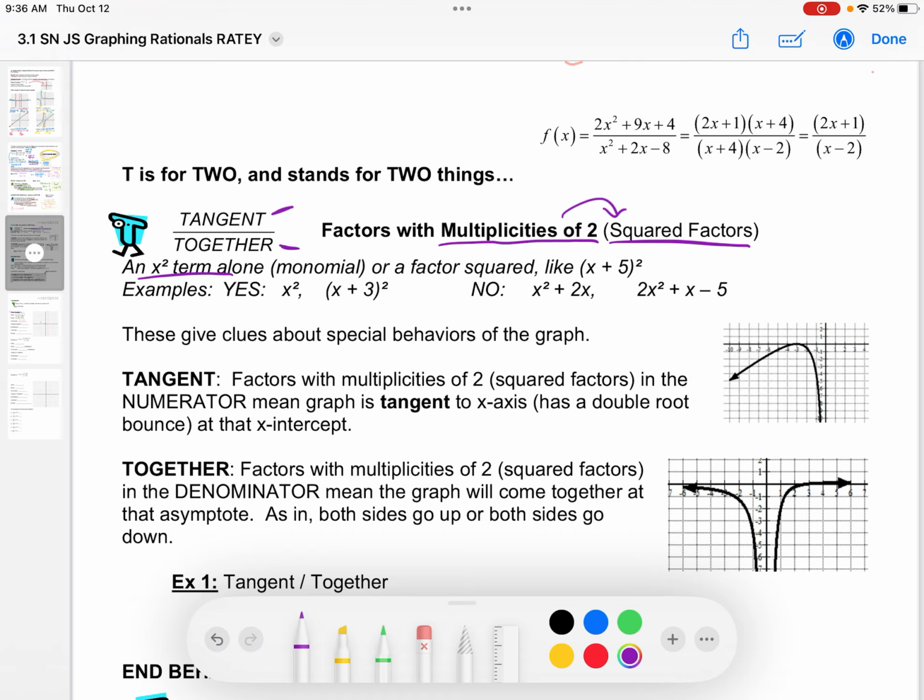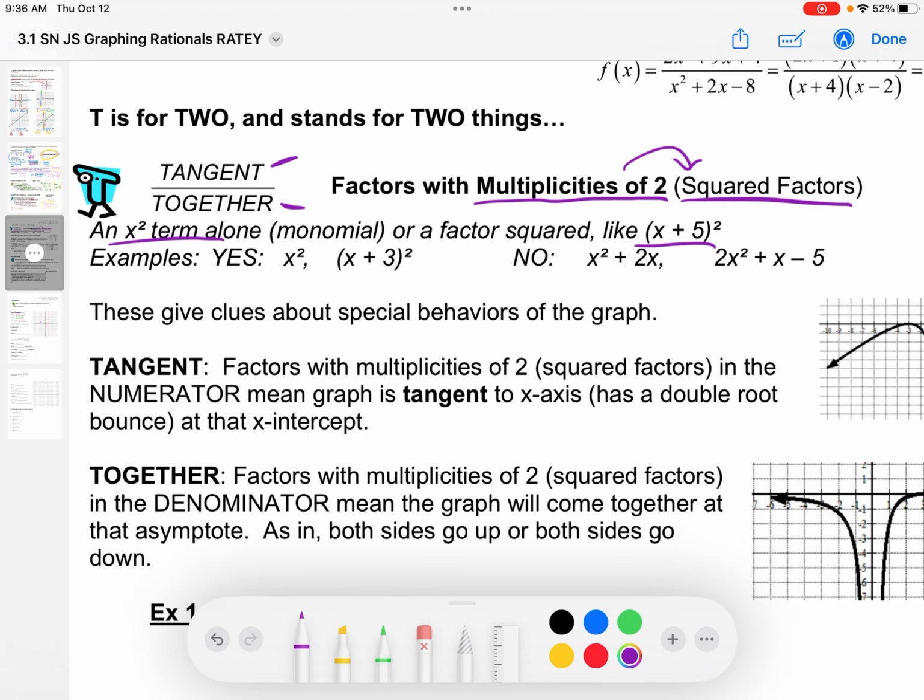Okay, so what will happen? An x squared term alone or a squared factor like (x plus 5) with a square. Some examples of squared factors would be x squared as its own factor, or (x plus 3) all squared. Things that are not a multiplicity of 2 are x squared plus 2x.